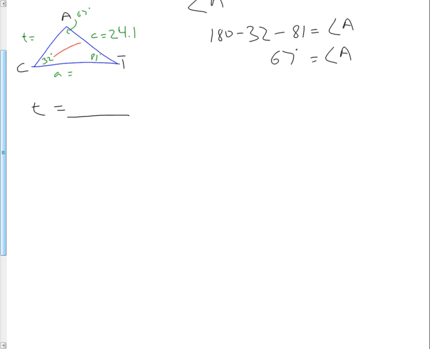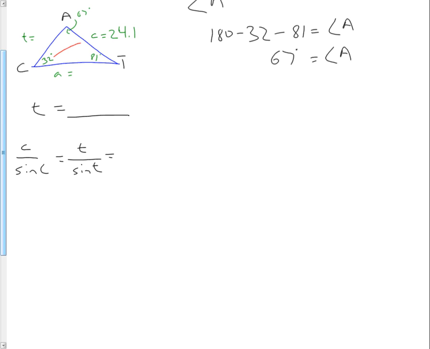We don't know what that's going to equal, but we can use the sine law, because we have a complete angle pairing here for C. So we know that C over sine C is going to be equal to T over sine T. Because we know that part of the proportionality statement is true, we can put that in.